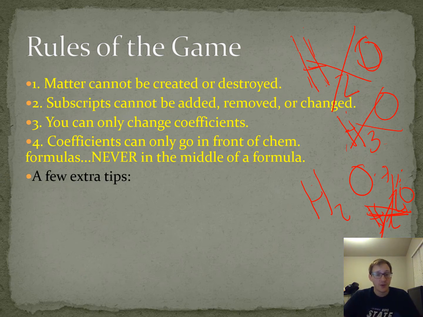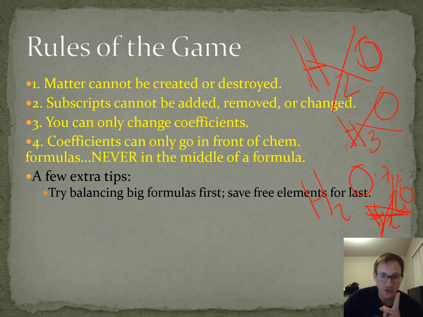Okay, a few extra tips. Try balancing big formulas first. Save free elements for last, meaning figure out which ones you have the most of first. Those ones that you have few of, you can figure out at the end.